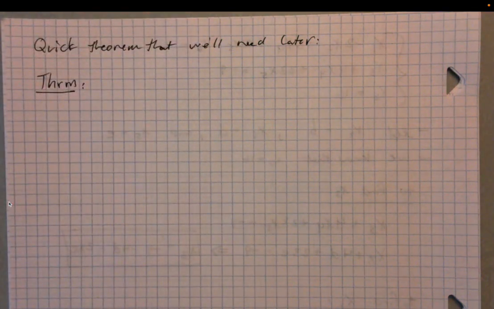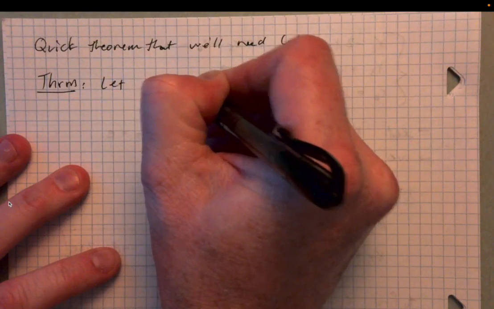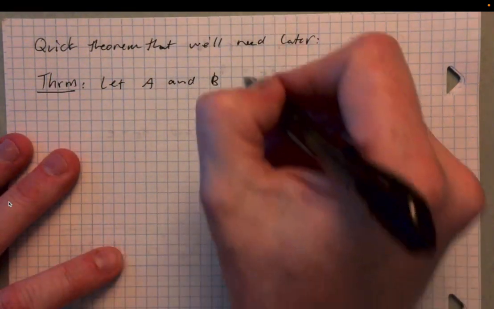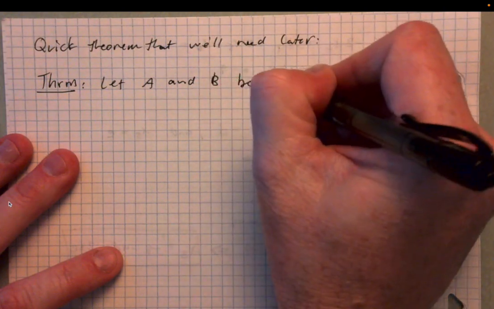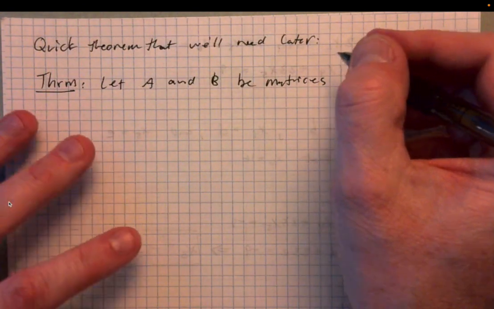We're not going to prove it. I'm just going to state it, and probably leave it at that given the time. So let A and B be matrices for which the product AB is defined.